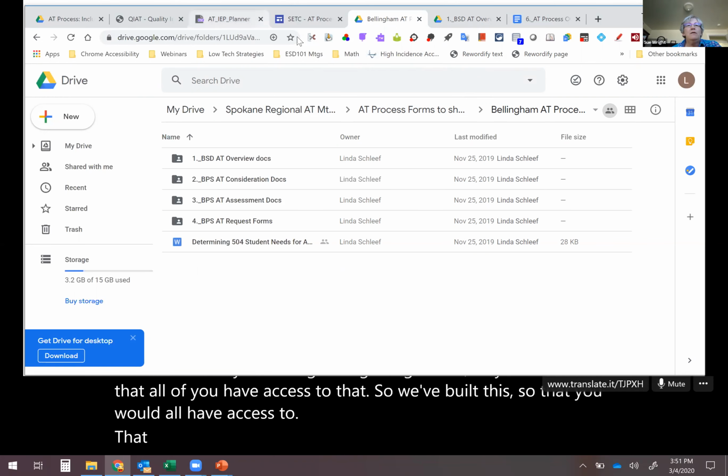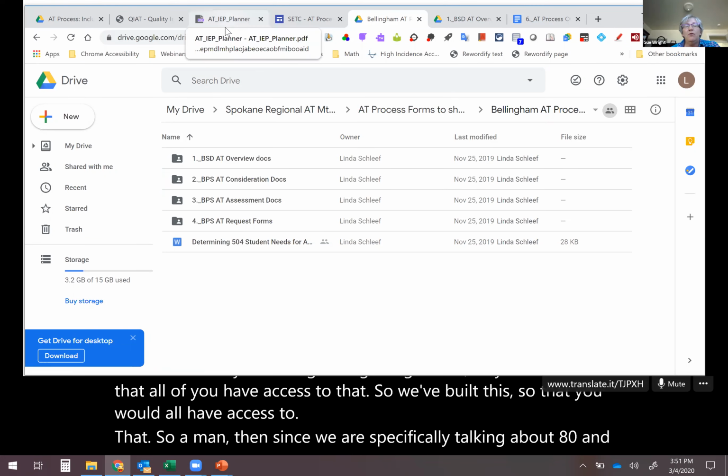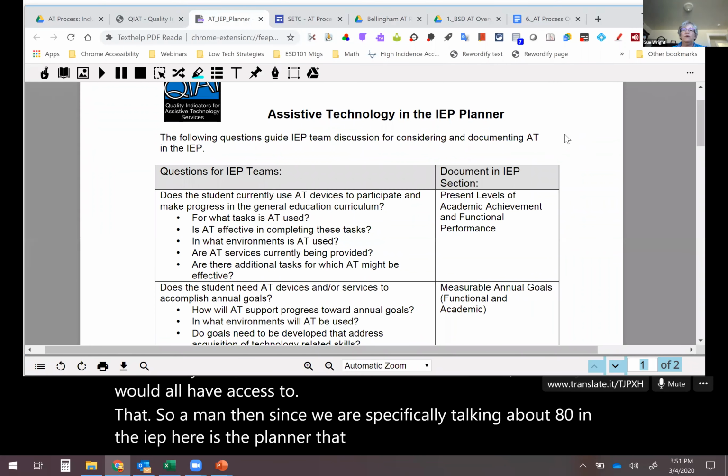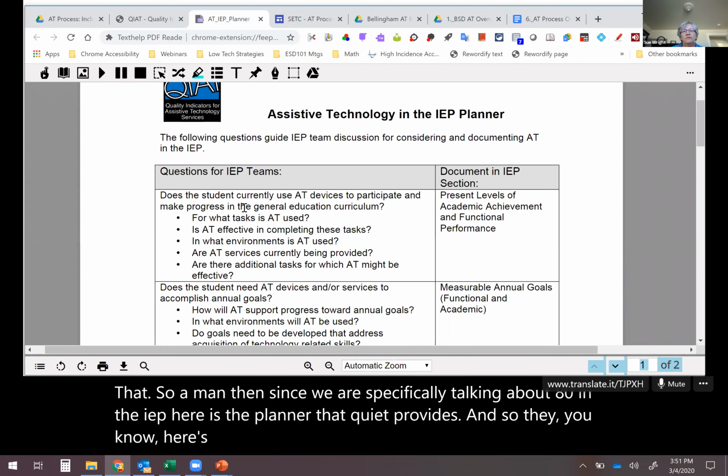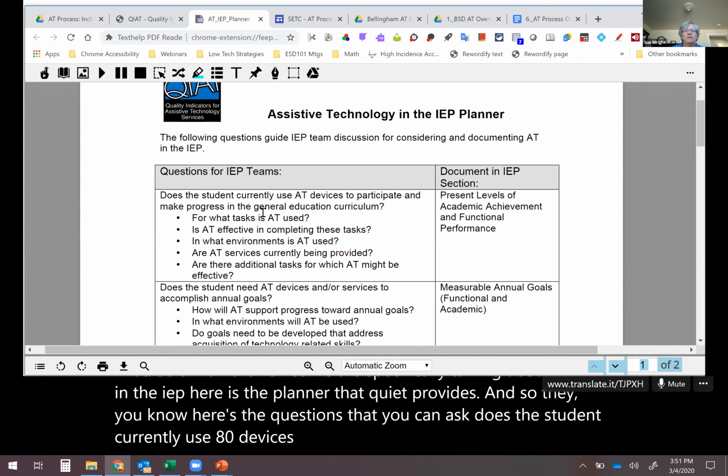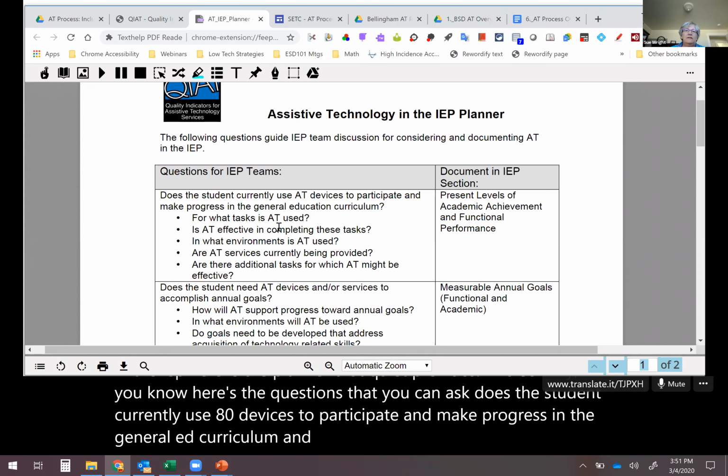And since we are specifically talking about AT and the IEP, here is the planner that QIAT provides. Here are the questions that you can ask. Does the student currently use AT devices to participate and make progress in the general ed curriculum? For what tasks is AT used?